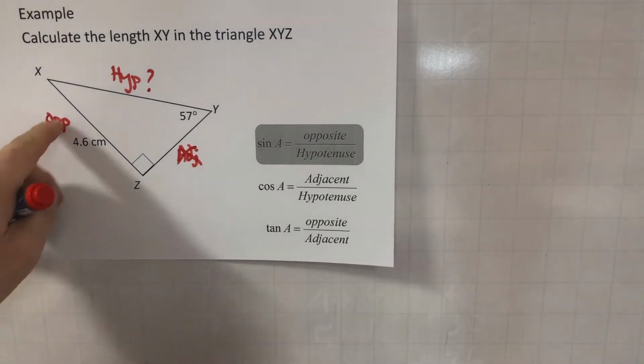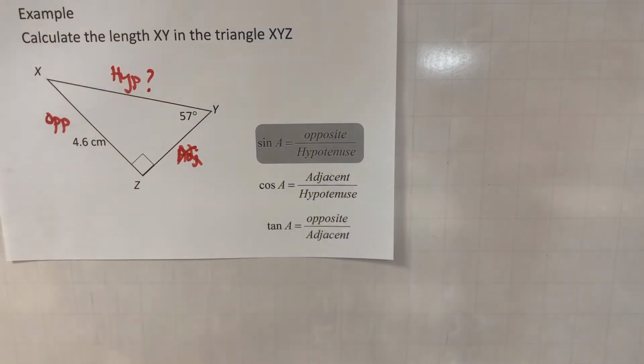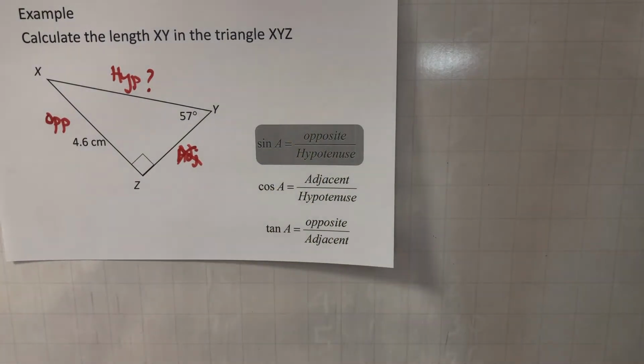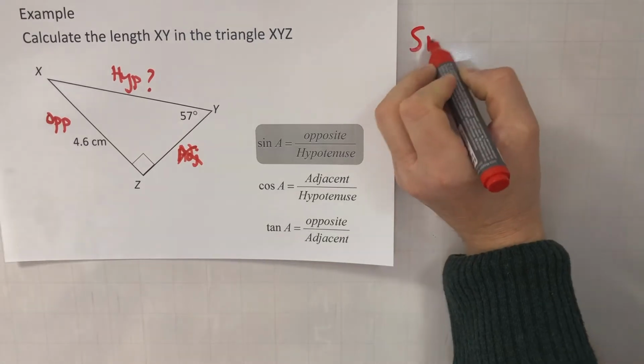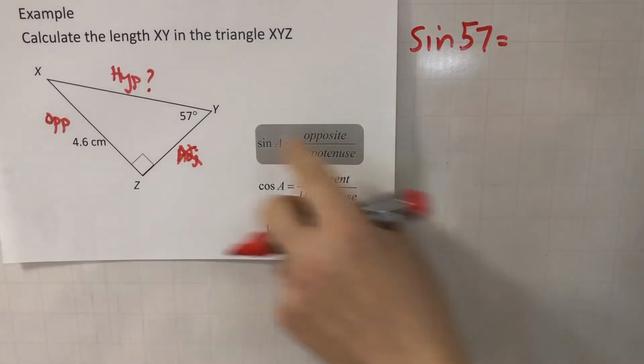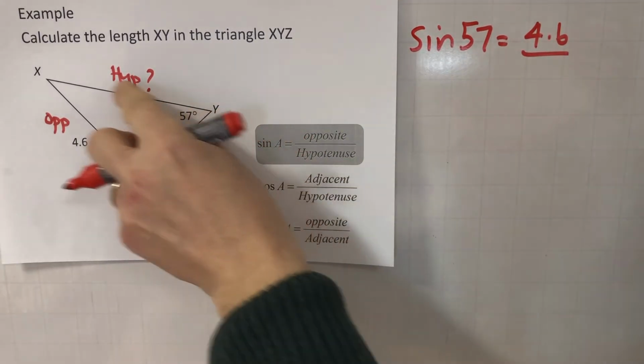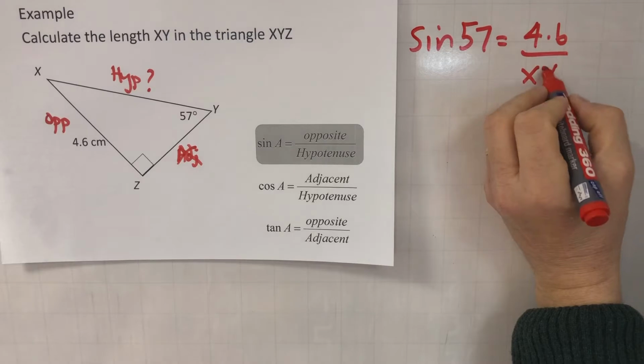Now the opposite side and the hypotenuse side is this formula here, so I quote that formula. So sine angle, which is 57, is equal to the opposite side, which is 4.6, divided by the hypotenuse side, which is xy.